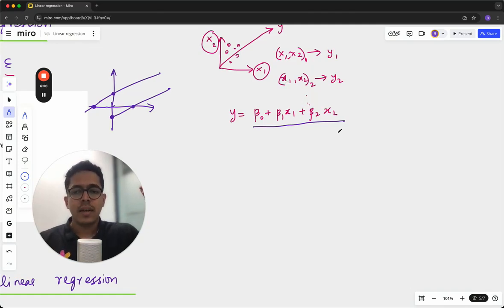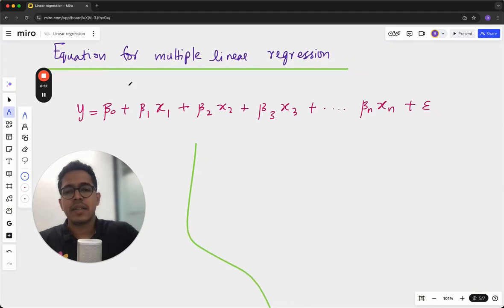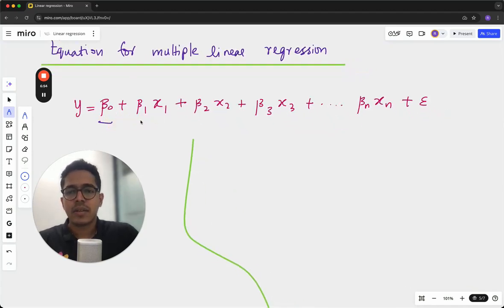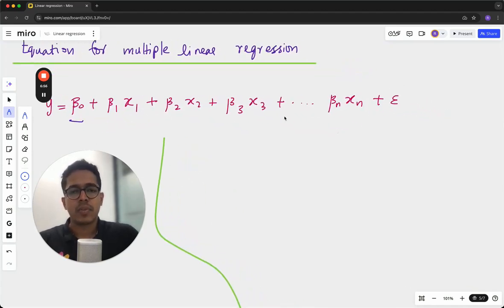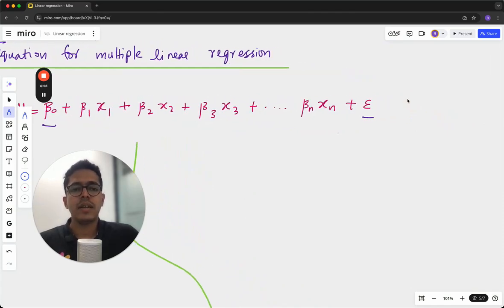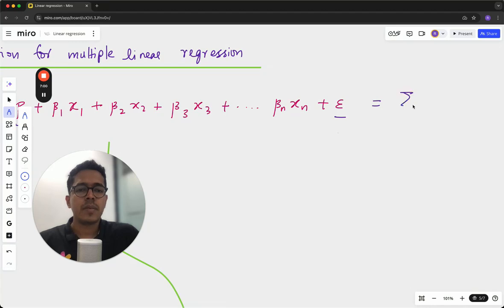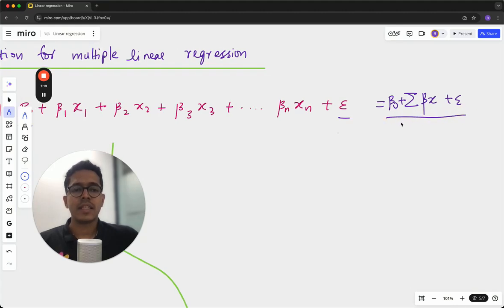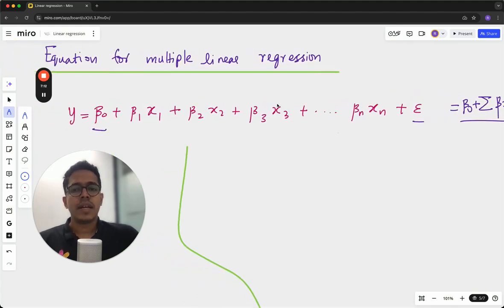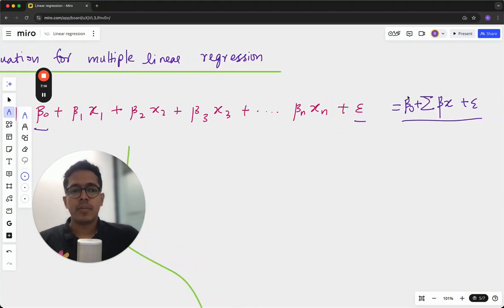So in general, mathematically, we can represent it as beta naught plus beta 1 x1 plus beta 2 x2 plus and so on, plus the error term. So this could be beta naught plus sigma beta x plus epsilon. This is the generalized format of the equation for the actual data point, provided the model.